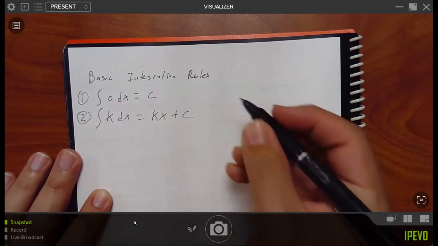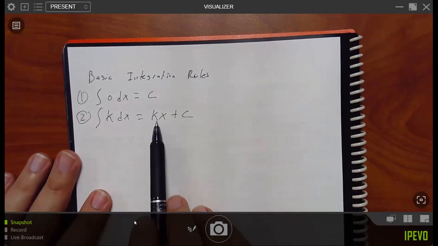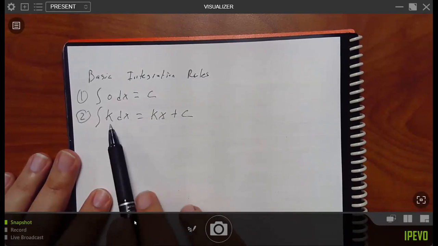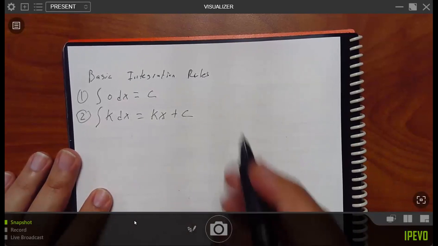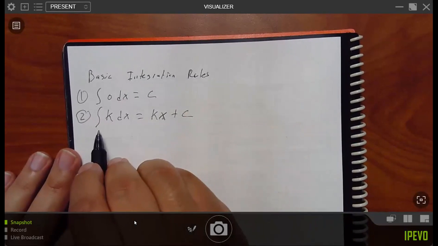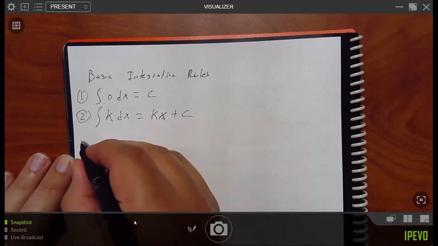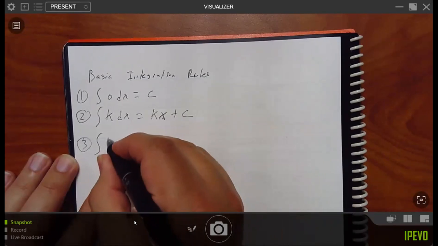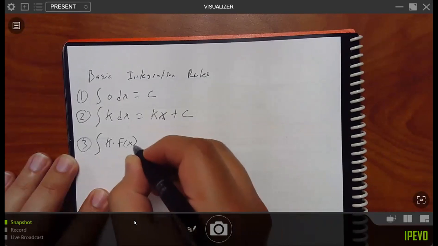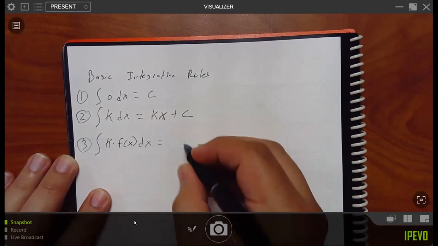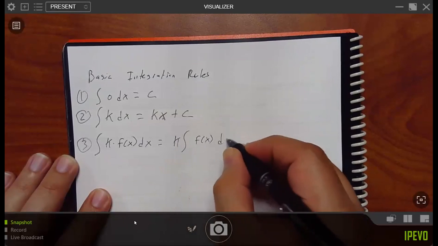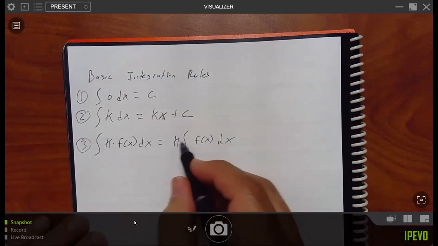For example, if this was 4x, the derivative of 4x would be 4, right? The derivative of kx is k. Does that make sense? Number 3, integral of k times f of x dx. There you can actually pull the constant out and worry about it later and just integrate the integrand part, and then multiply it times your answer.